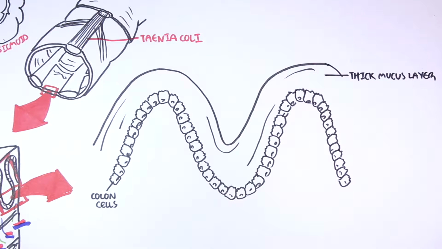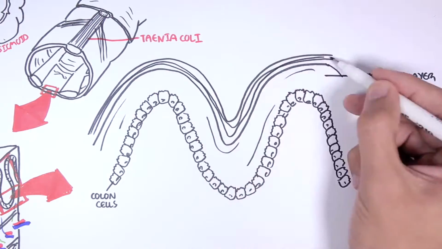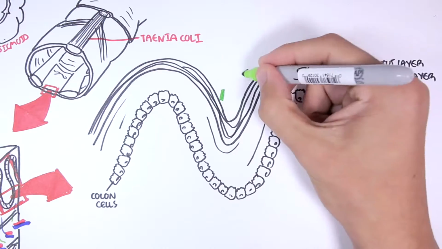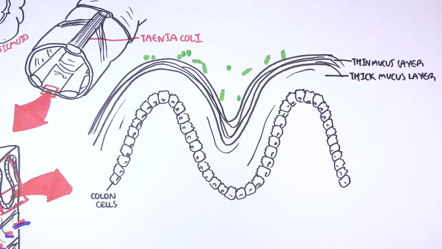Now in the colon, there is a relatively thick mucus layer and then a thin mucus layer on top of that. Residing above the mucus and within the lumen are bacteria. These bacteria are called the gut microbiota. Humans and their gut microbiota have a symbiotic and mutualistic relationship.